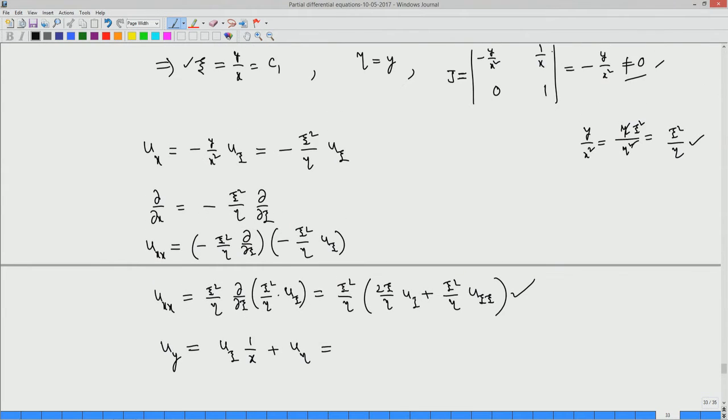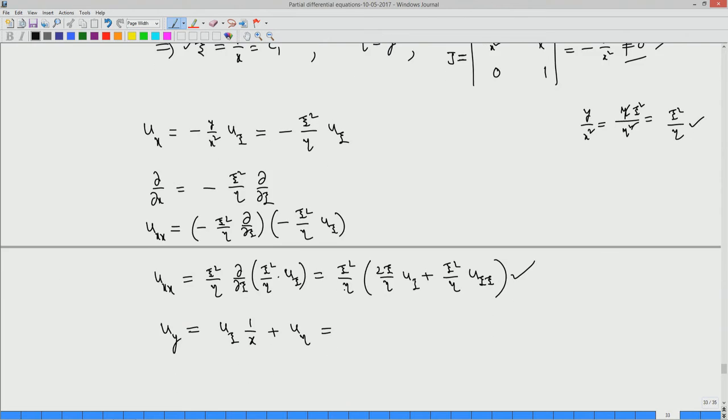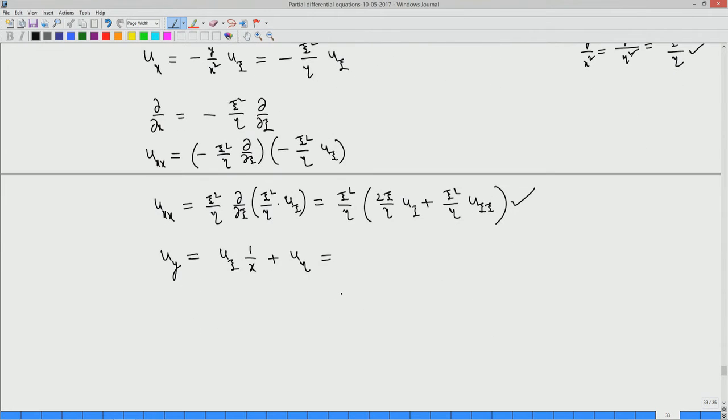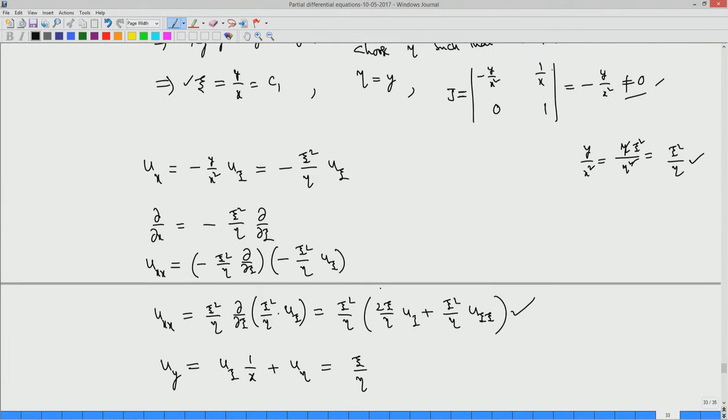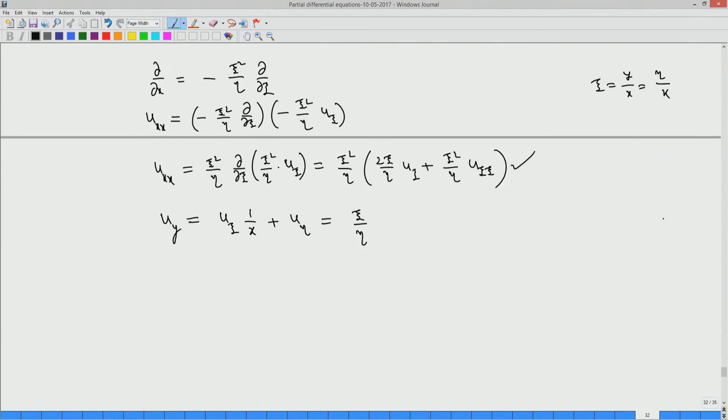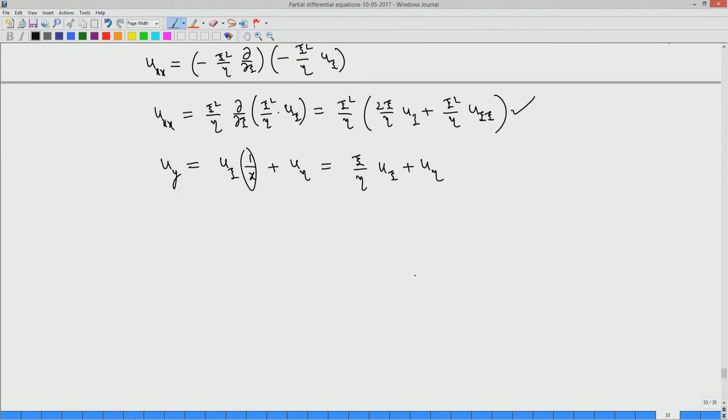What is 1 by x? 1 by x is xi by eta, because xi equal to y by x and y is eta. So, 1 by x is xi by eta. I replaced 1 by x with xi by eta into u xi plus u eta. So, this is my uy.